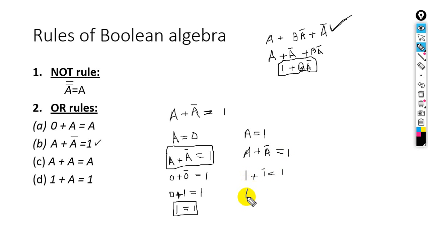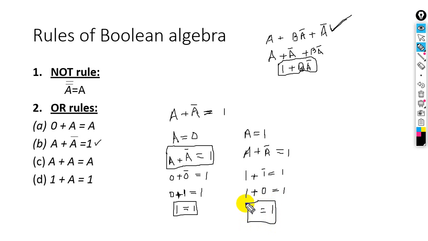So 1 or 0, since 1 bar is converted to 0, is equal to 1. Here we have one value that is 1 and the next value is 0, but in case of OR, if we have 1 as a value, the result will be 1. 1 is equal to 1, hence both sides are equal.